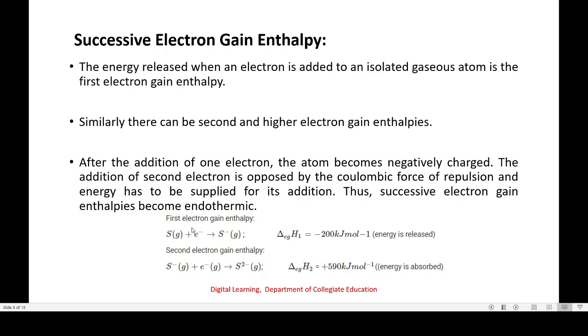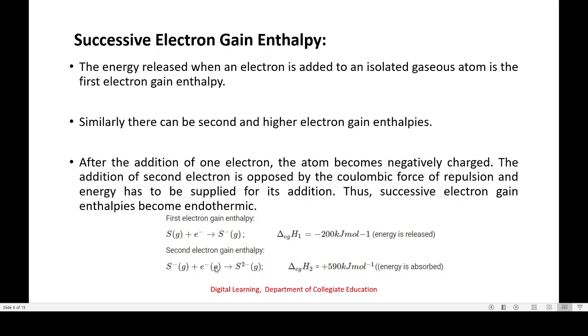This can be illustrated by taking the element sulfur. When we add a first electron to sulfur, it gets converted into an anion and the electron gain enthalpy is minus 200 kilojoules per mole.